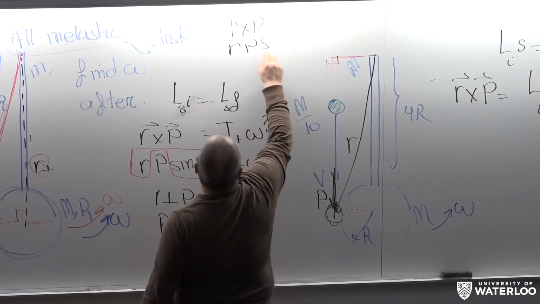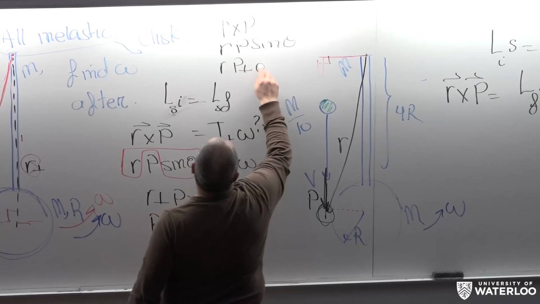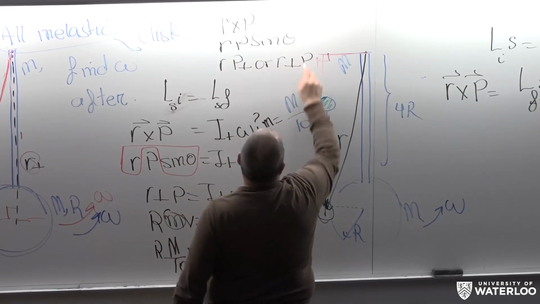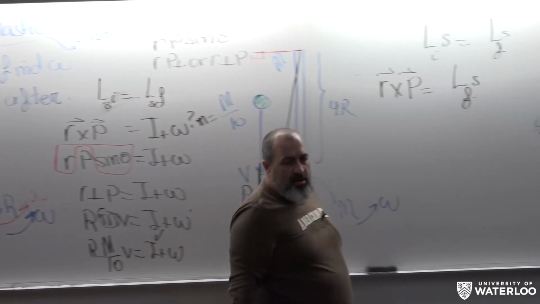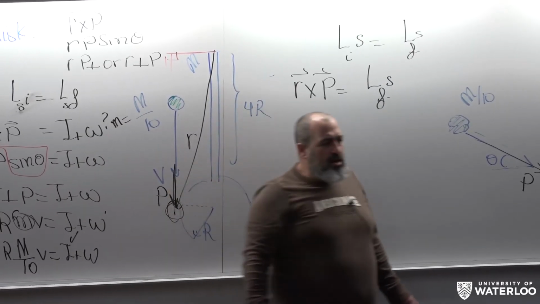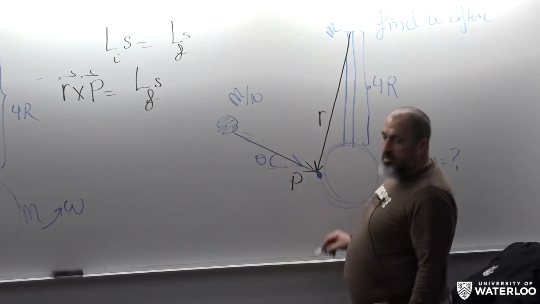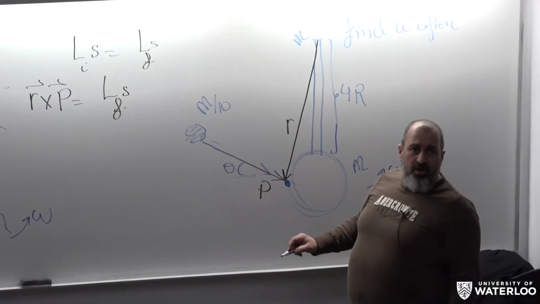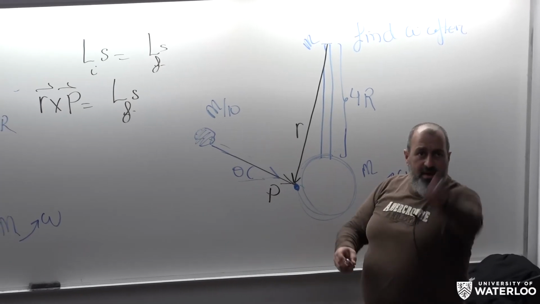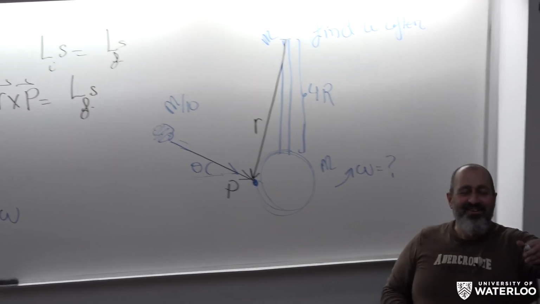R, P sine theta can be seen as R P perpendicular or R perpendicular P. But how are you going to calculate R perpendicular to P? What are you going to do? You have to create, what do you want, Eli? Sure. Go ahead, buddy.